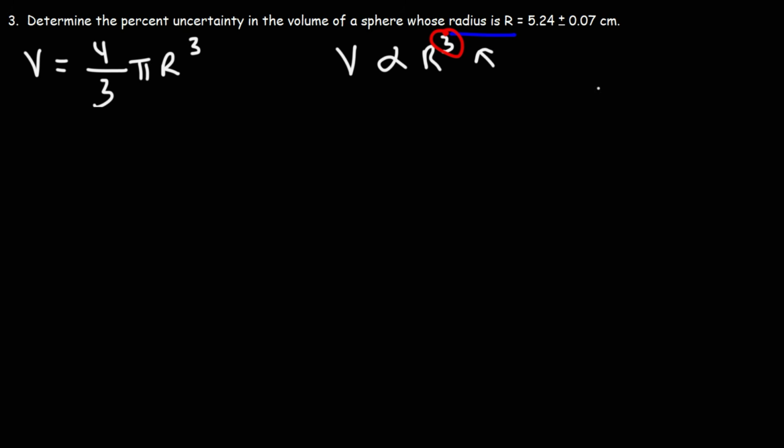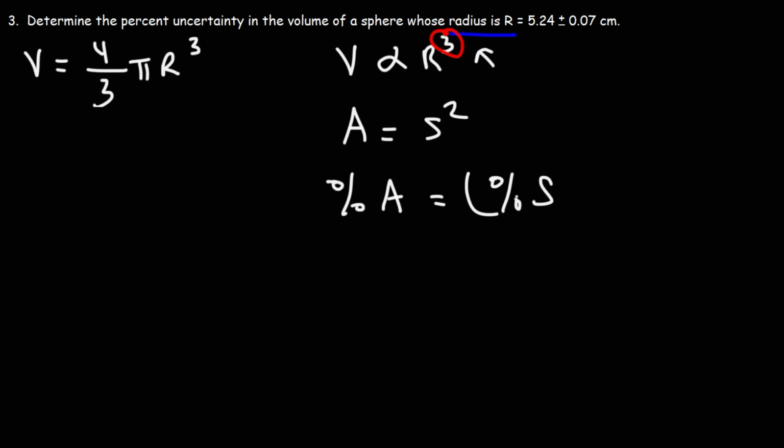So if you were dealing with a question, let's say, involving the area of a square, which is basically s squared, if you want to find the percent uncertainty in the area given the percent uncertainty in the side length, the percent uncertainty in the area will be the percent uncertainty in the side length times 2, because the area is proportional to the square of the side length when dealing with squares.